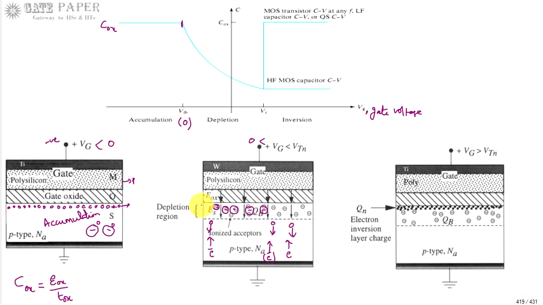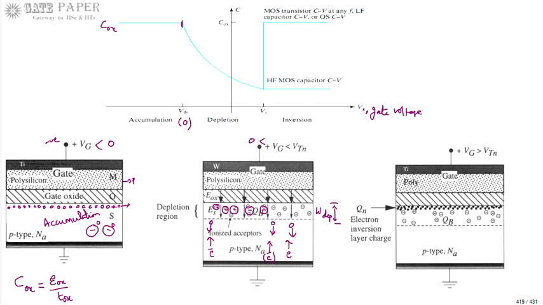We know that the depletion region consists of only ions. So the portion where the negative ions are present near the SiO2 layer is treated as the depletion region, and its width is denoted W depletion.